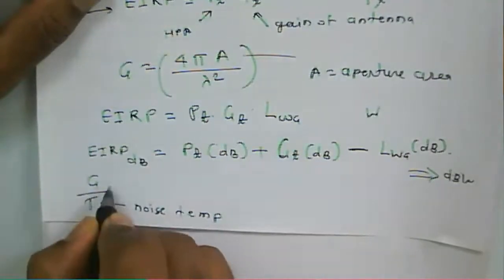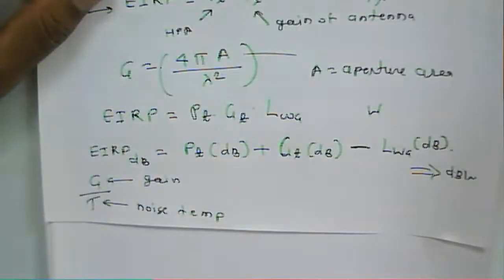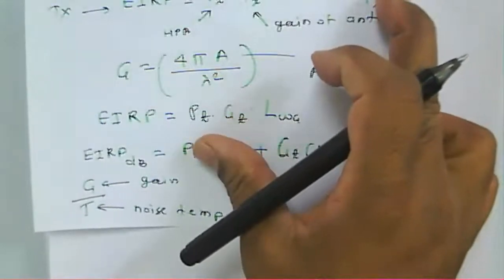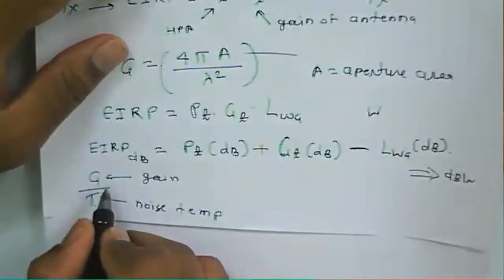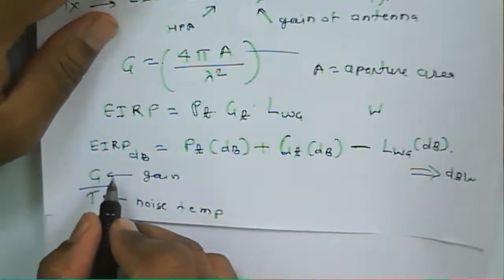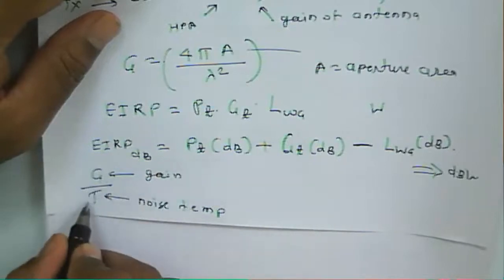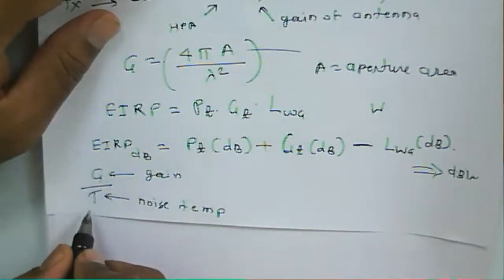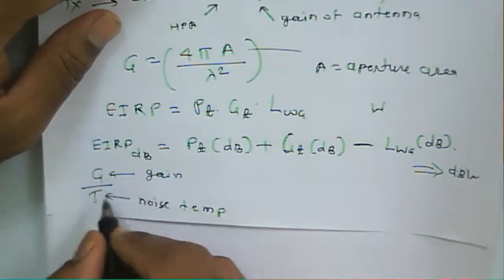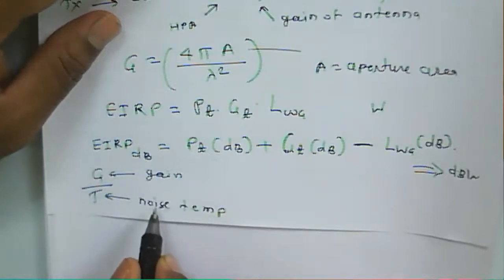This one is about the receive noise temperature, and this one is about the gain here. The gain of the antenna, generally we say, depends upon the size of the antenna. And again, T is the noise temperature. So the G/T ratio for the receiving antenna depends upon the noise temperature.